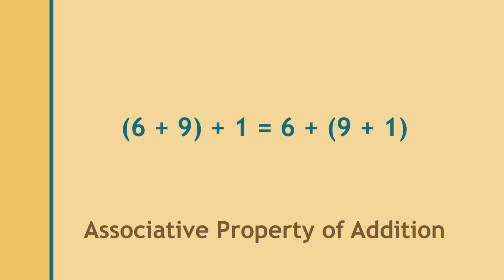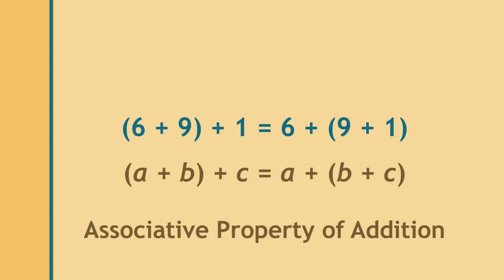But the associative property of addition tells us that it doesn't matter whether we add the 6 and 9 first or the 9 and 1 first, either way we're going to end up with the same answer or the same sum. We can also look at it with variables here. So (A plus B) plus C is equal to A plus (B plus C).